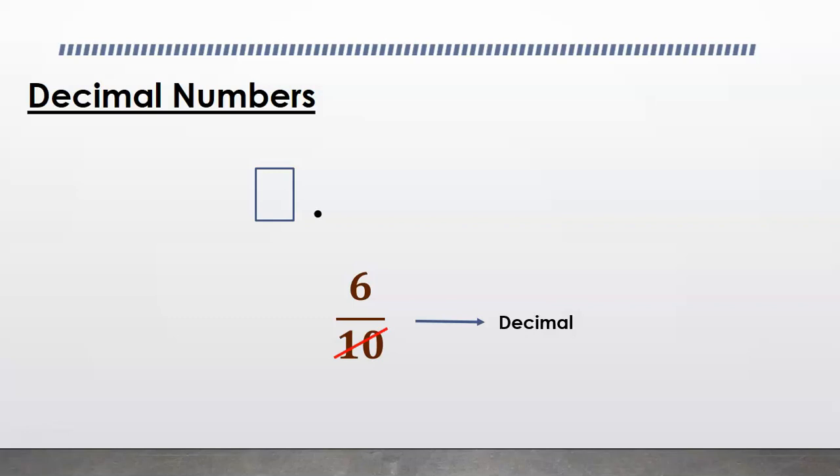Why? Because the denominator is 10 and has 1 0. Okay. Then start from the right, put 6 in the decimal part and there's no whole, so it will be 0. It's 6 tenths, or I can read it as 0.6.